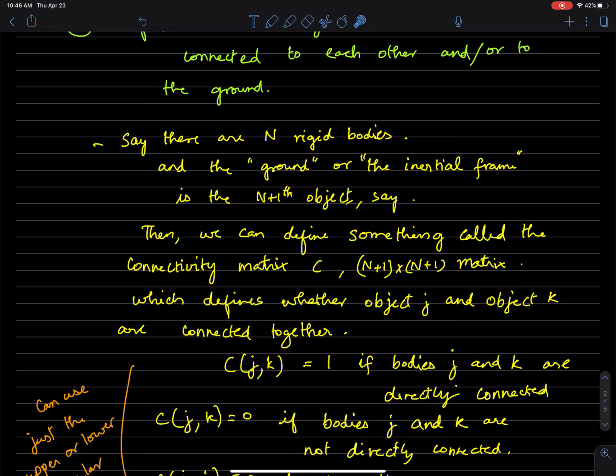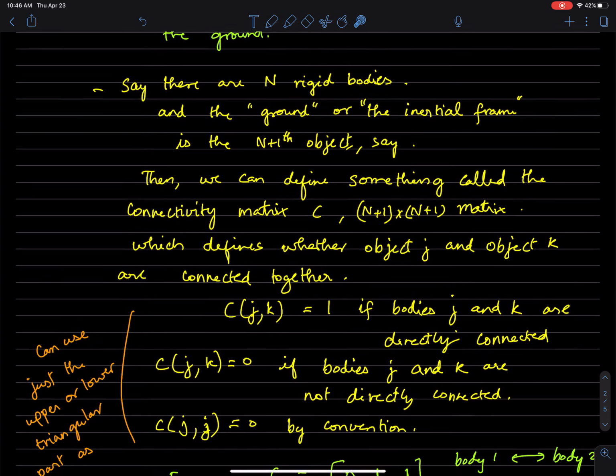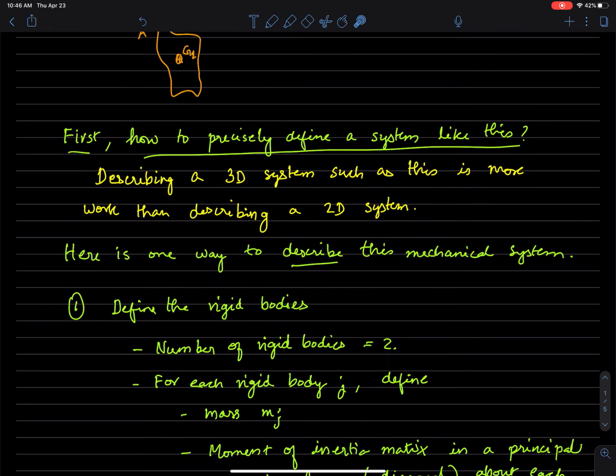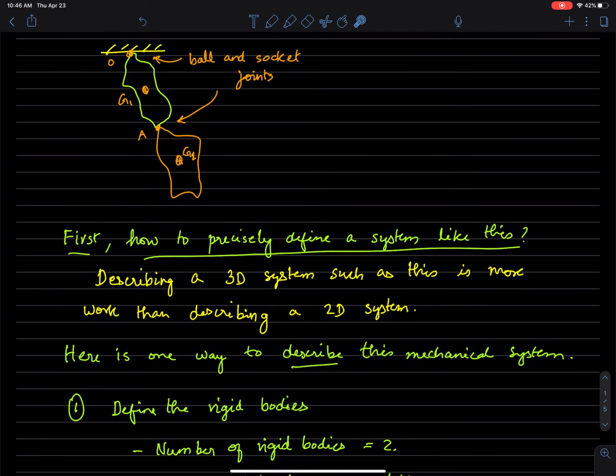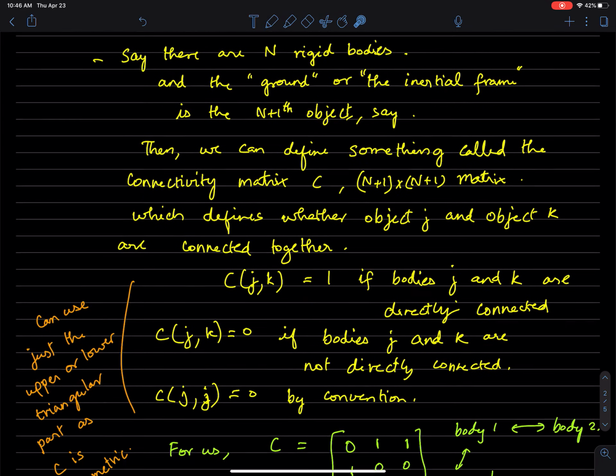In this case, it's relatively simple, but we still have yet to define it in detail. But let's consider in general there are n rigid bodies. And then there is also the ground, right? So in this case, there are 2 rigid bodies and then the ground, or the ceiling, or whatever you call it, the earth.